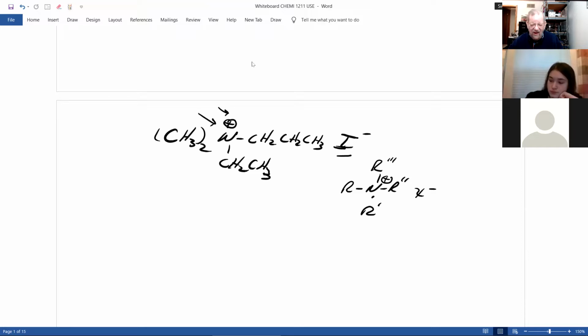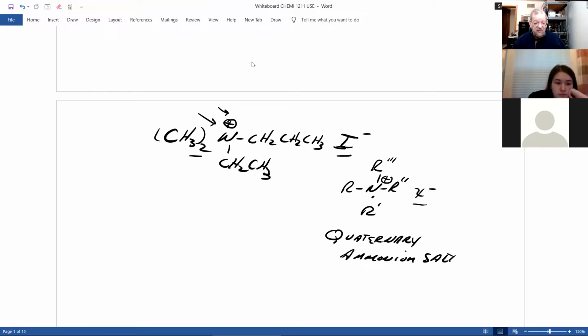Now, in the chemical industry, you can have other anions, but I'm going to stick to halogens. And again, this is a quaternary ammonium salt.